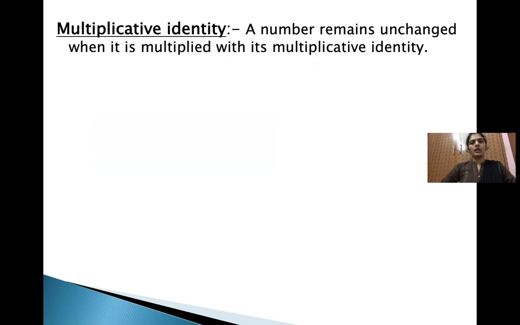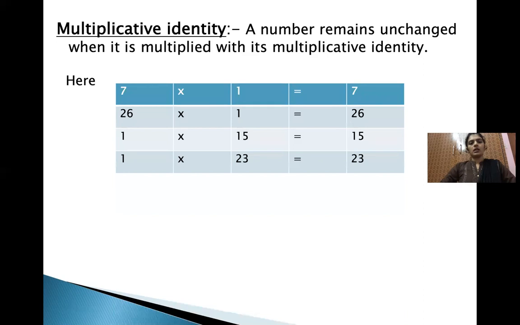Now come to multiplicative identity. A number remains unchanged when it is multiplied with its multiplicative identity. It means when we multiply some number with its multiplicative identity, the number will remain unchanged. Here are some examples. If we multiply 7 with 1, we get 7 again.